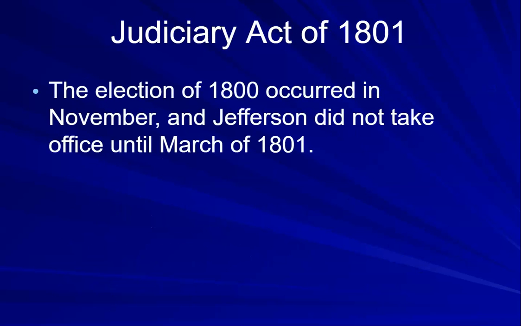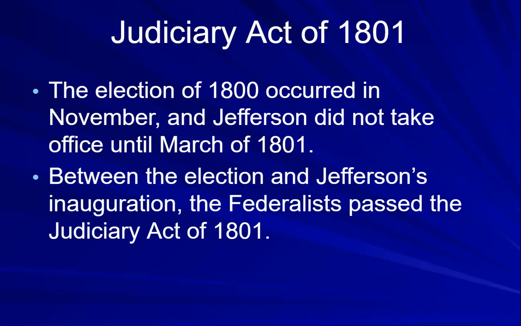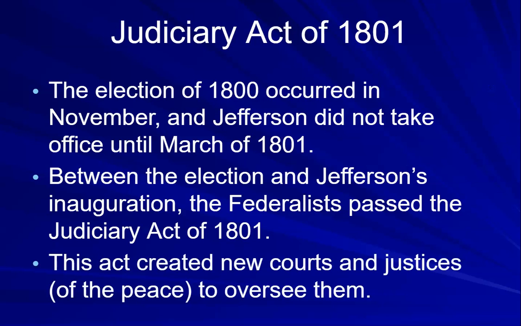Now, the election of 1800 occurred in November, and Jefferson did not take office until March of 1801. Between the election and Jefferson's inauguration, the Federalists were able to pass the Judiciary Act of 1801. This act created a number of new courts in the system and justices of the peace to oversee those courts.